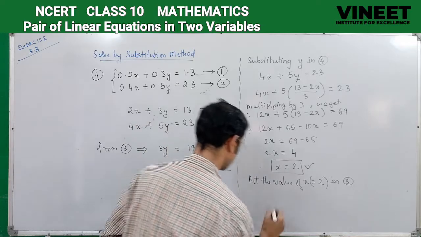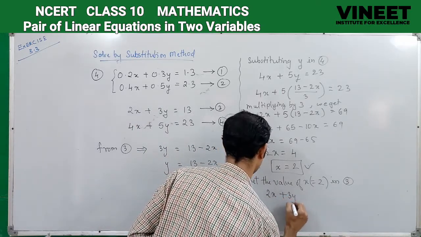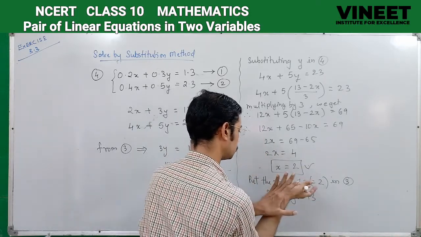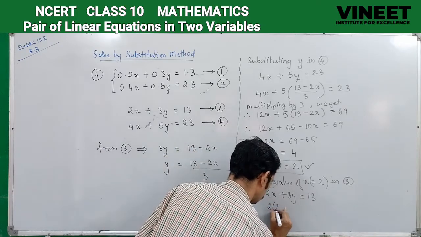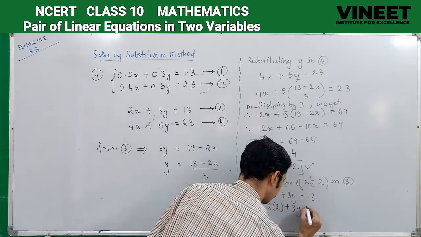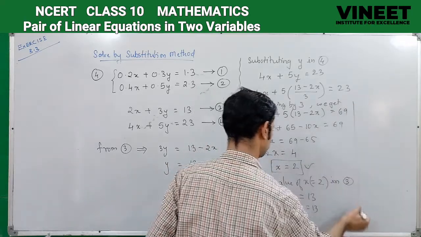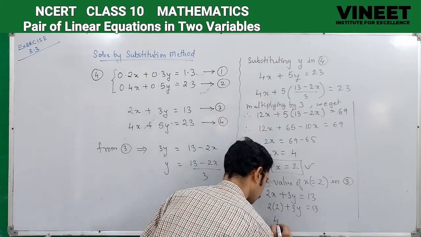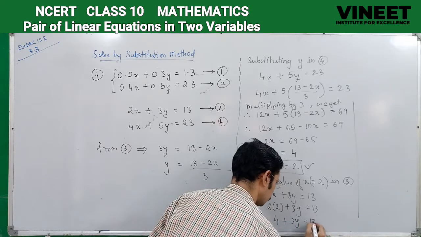So we write down equation 3 first: 2x plus 3y equal to 13, and now instead of x we put 2 and we will get the value of y. So it is 2 into 2 plus 3y equal to 13, which becomes 2 into 2 is 4 plus 3y, equal to 13.